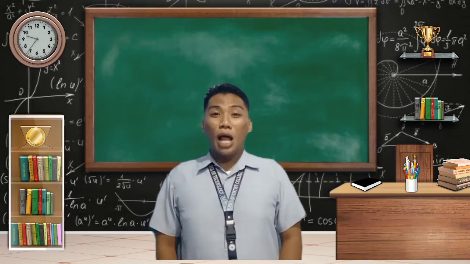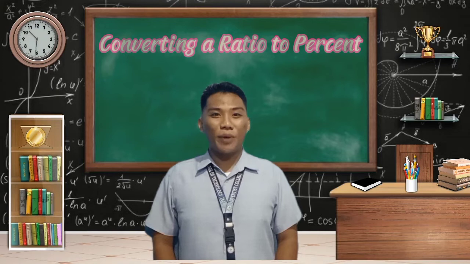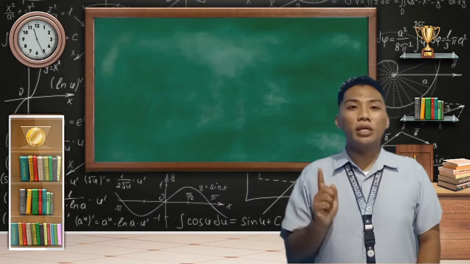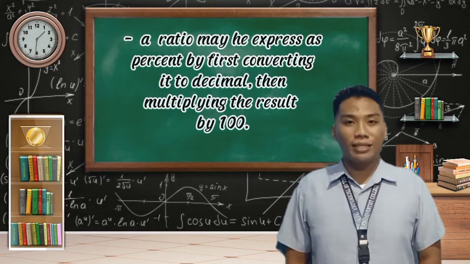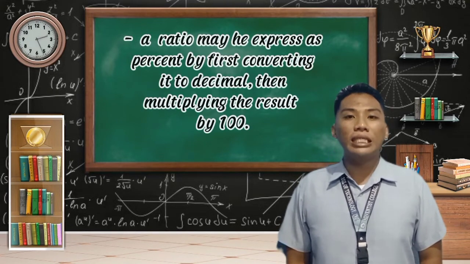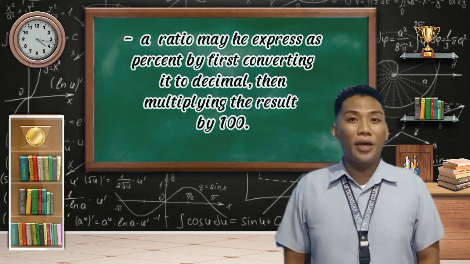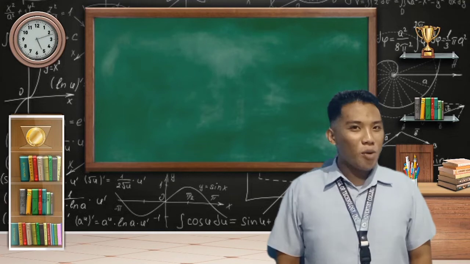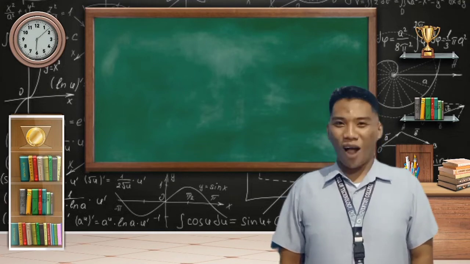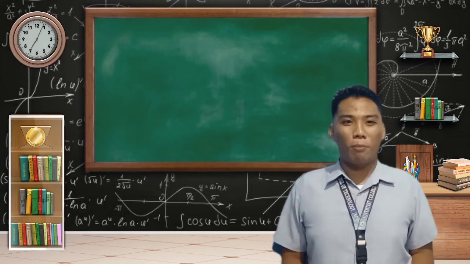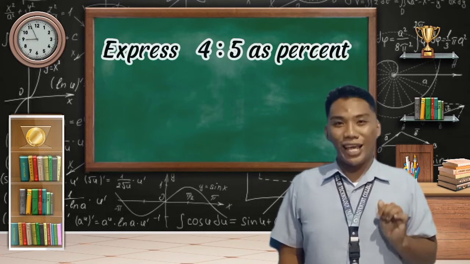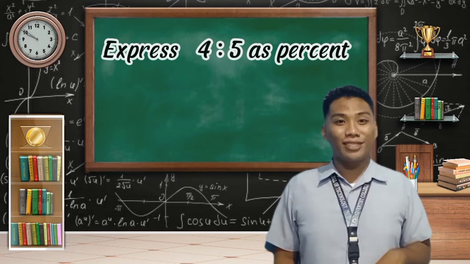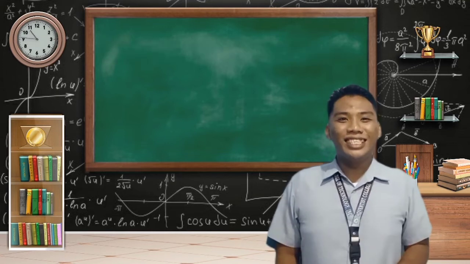And now, class, let us proceed to converting a ratio to percent. So in converting a ratio to percent, a ratio may be expressed as percent by first converting it to decimals, then multiplying the result by 100. So are you ready to learn again? Alright, so let's go through this problem. For example, to express 4 is to 5 as percent. Okay, anyone?